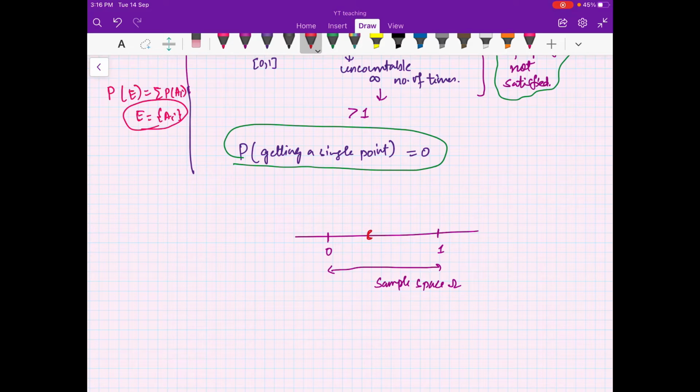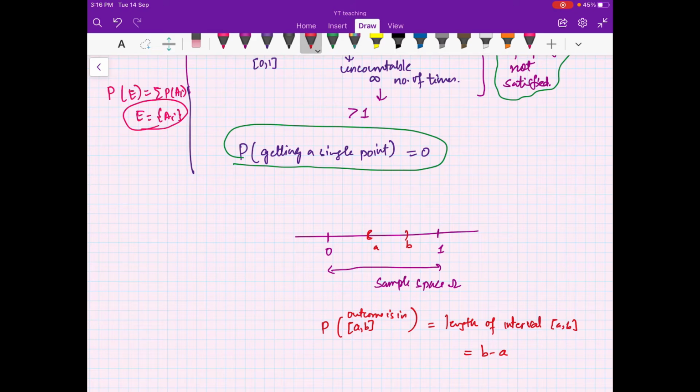If there is any interval, say a to b, then the probability that the outcome is in the interval a b will be equal to the length of the interval a b, which is b minus a.